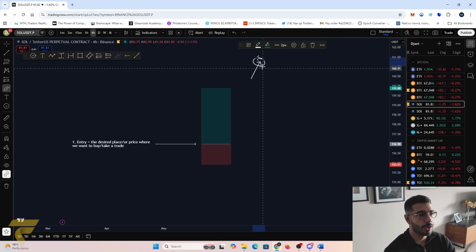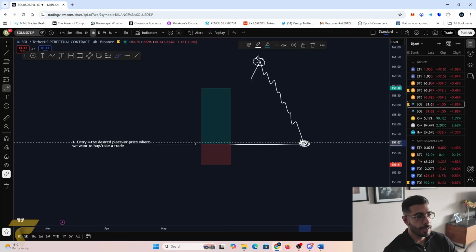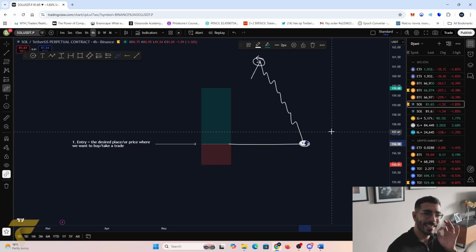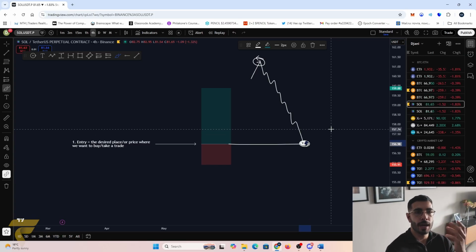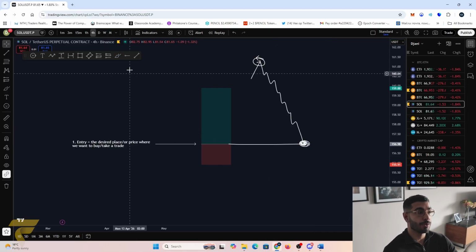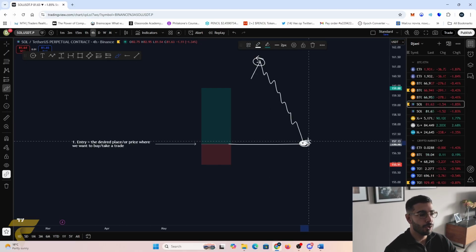Let's say price was hovering at this point. Eventually, when price comes to this circle, and let's look at the prices on the y-axis on the right side, whenever Solana goes to 157, that's the exact place where I want to buy or take a long trading setup. This is one of the 3 key components of every single trading setup.